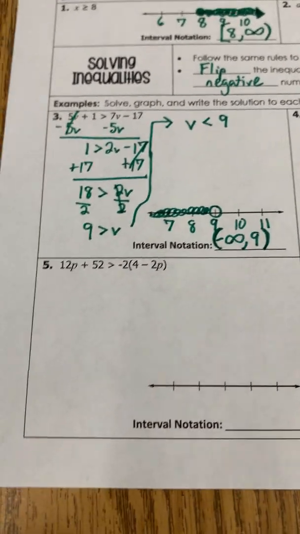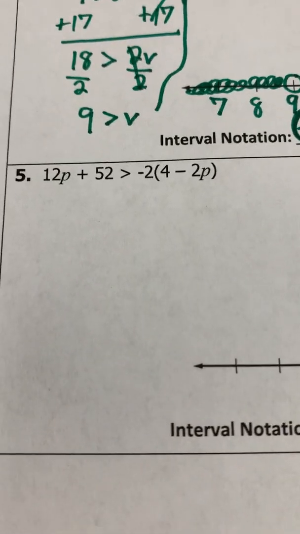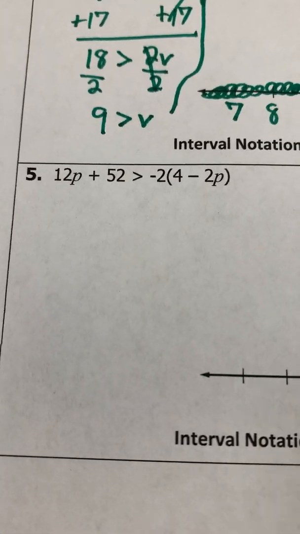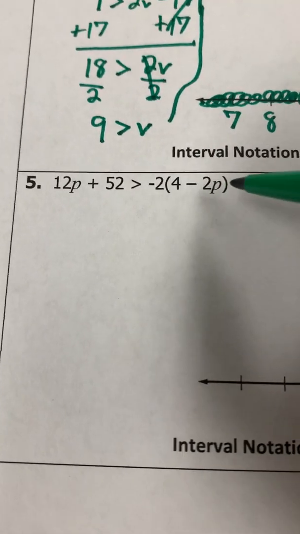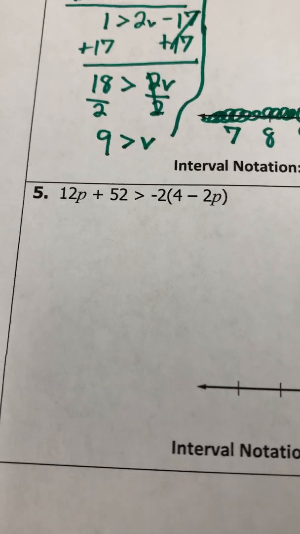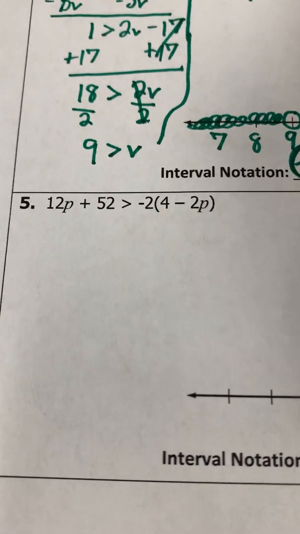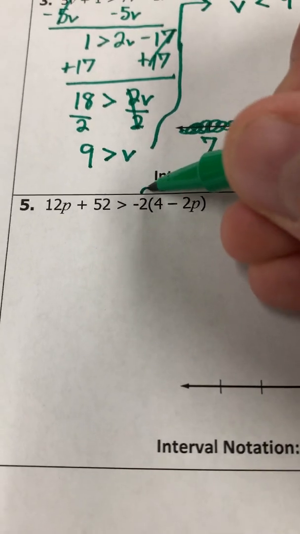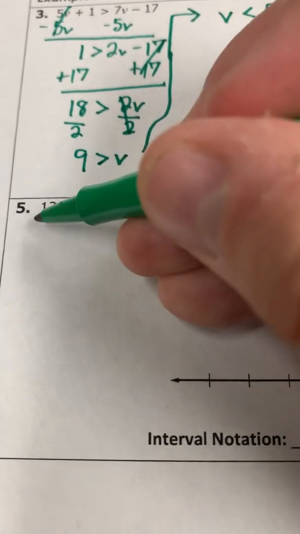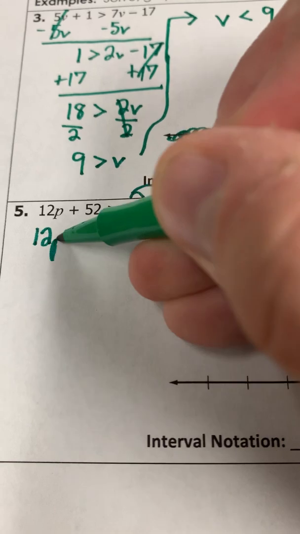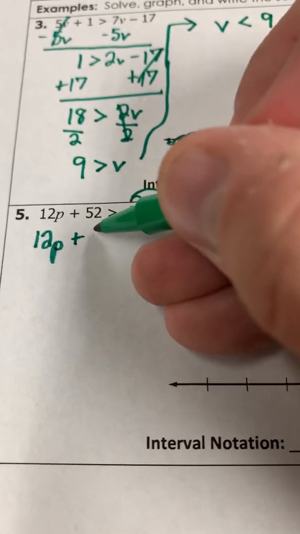Okay, so not difficult. All right, and then let's also do number 5. This one has a parenthesis. If you recall when we did equations, if you see a parenthesis in the problem, distribute. That's going to be your first step. So the left side, we are not messing with yet.